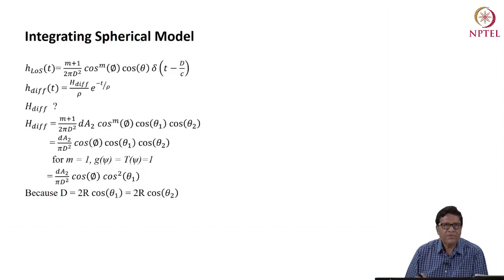The other model which can be used is the integrating sphere model. In this case, there are two components. One is line of sight, which is represented as Dirac delta pulses. This is as usual, there is no change here, as we have discussed earlier.